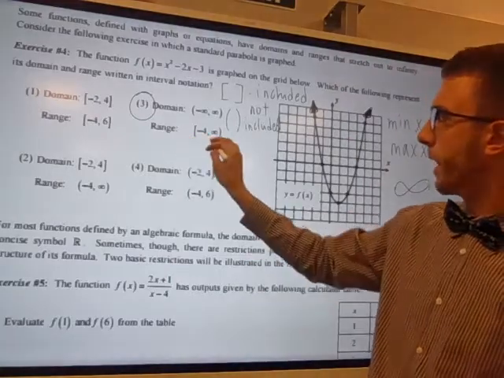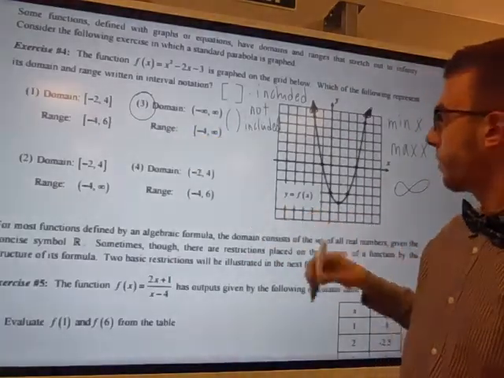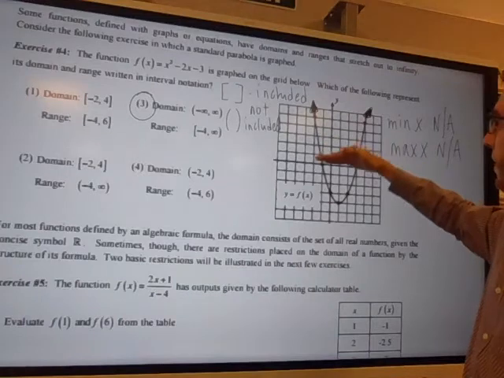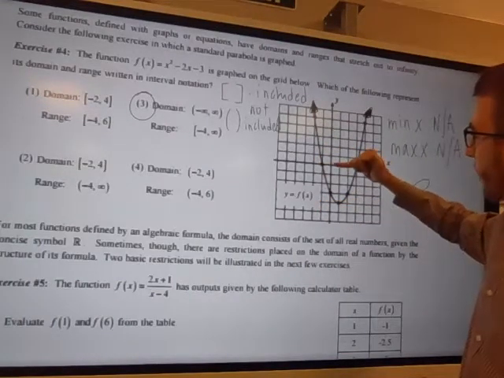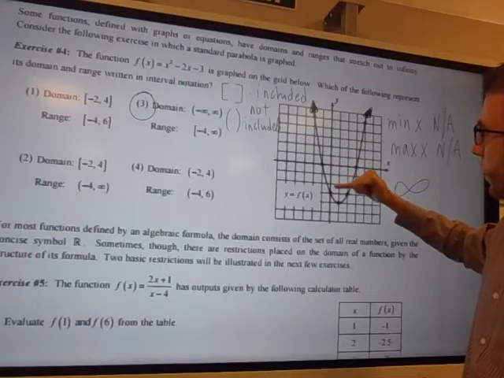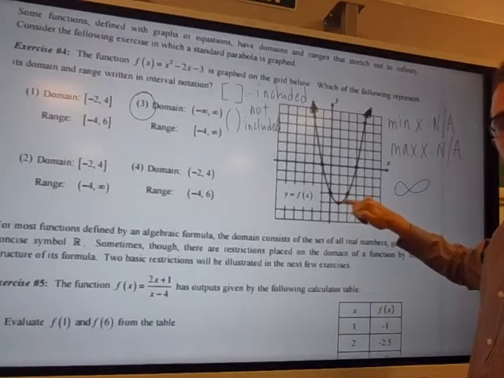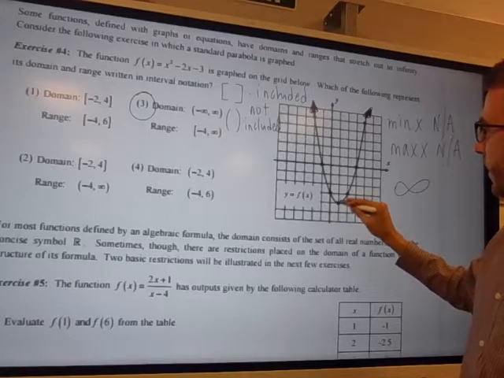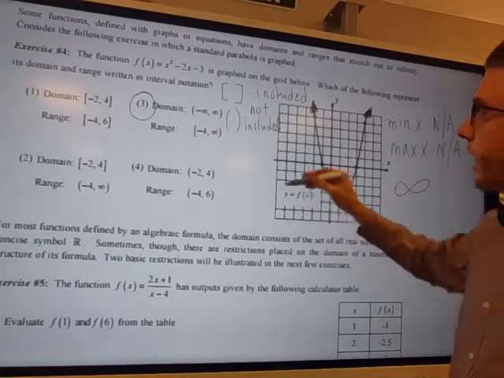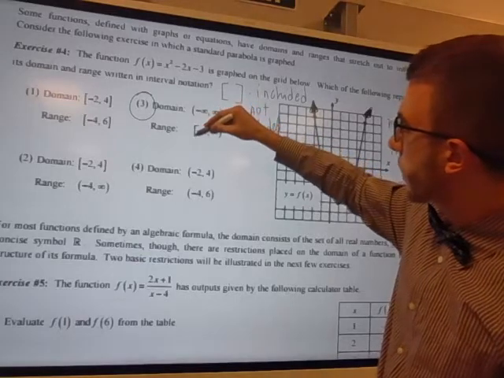But just to verify this, our range, when we're looking at the y values, we see that there is an absolute minimum here. Okay, starting at the origin, 1, 2, 3, 4. We have to go down to negative 4. And right there, since this graph goes right through that point, that negative 4 is included.